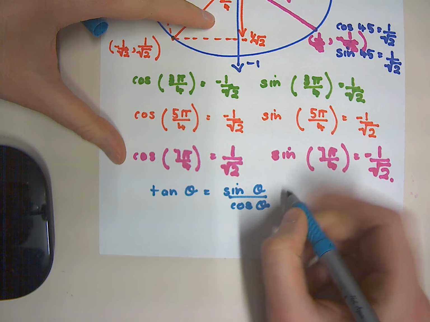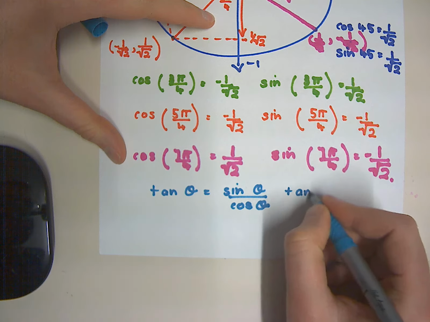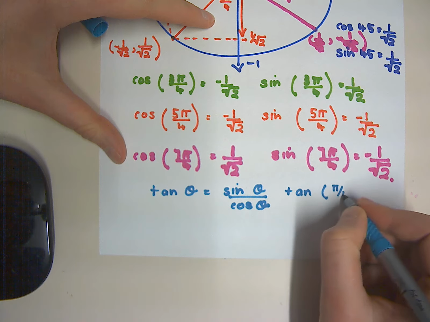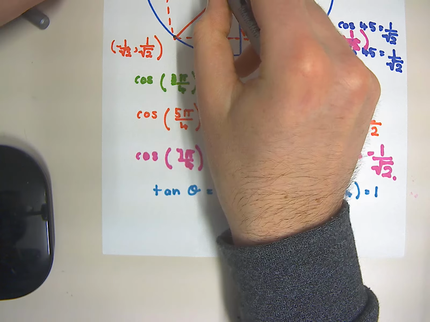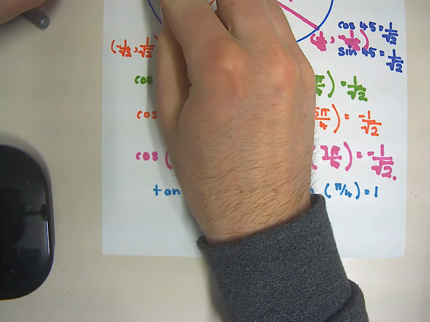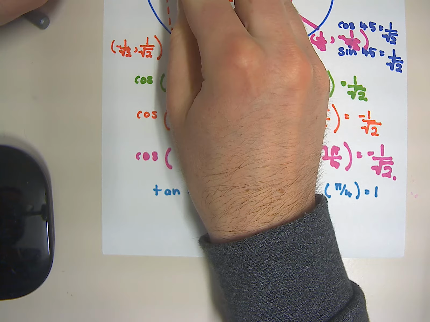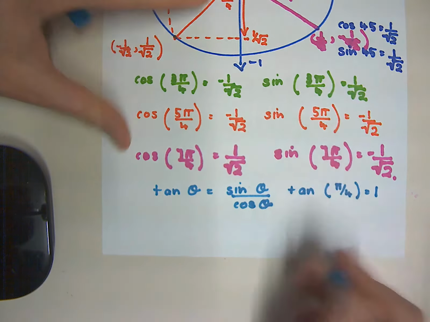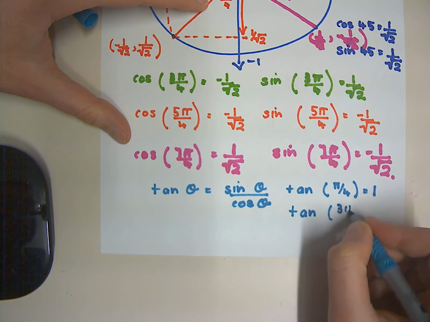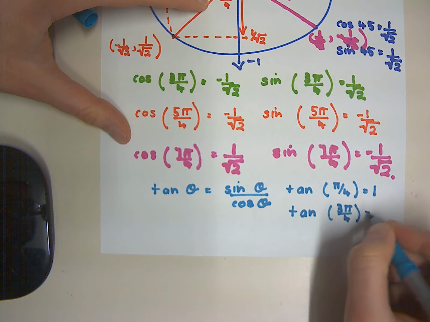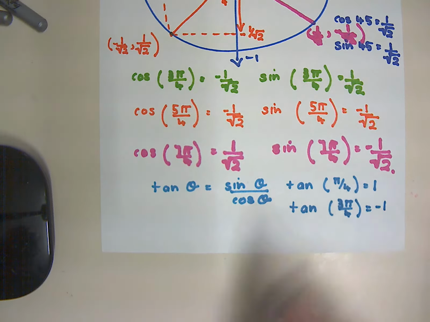So we're dividing the same thing by itself. So tan of pi on 4 equals 1. Now here, we're dividing 1 on root 2 by negative 1 on root 2. So tan of 3 pi on 4 is equal to minus 1. And you can go around and you could work out what it is for the other angles as well.